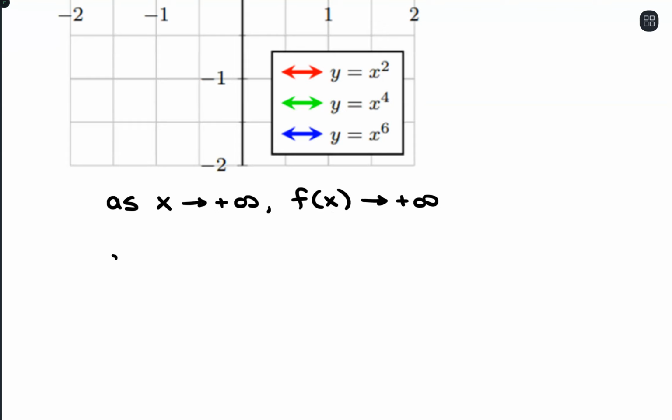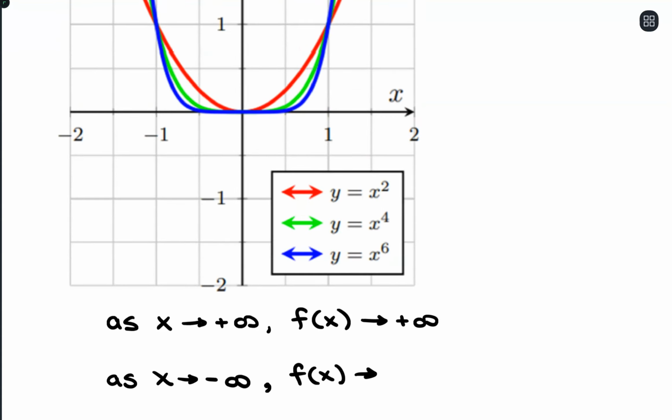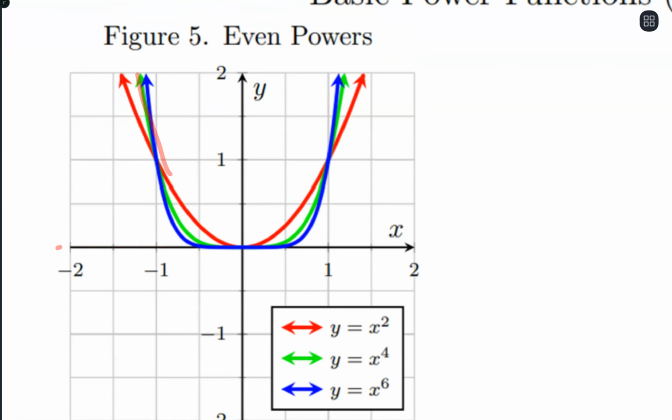Then what I could also describe for the long run behavior is as x approaches negative infinity, what does f of x approach? Well, as x approaches negative infinity, that would be the equivalent of if I'm standing at the origin here, what happens as I walk to the left? So as x is getting smaller and smaller and smaller, our y values are getting bigger and bigger and bigger.